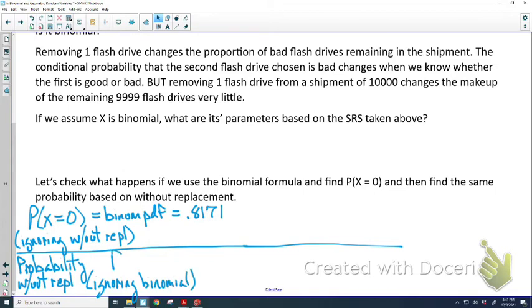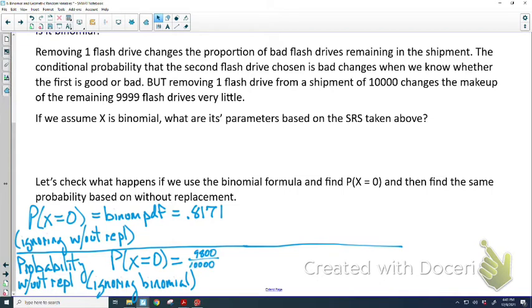So P of X equals 0 means I'm getting a good flash drive. I messed this up initially in class. How many good flash drives are there? Well, there's 200 bad if 2% of them are bad, right? So that means there's 9,800 good when I first reach into, say, the bag of drives.